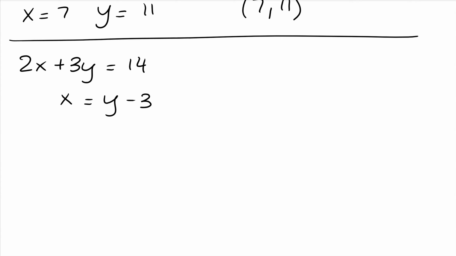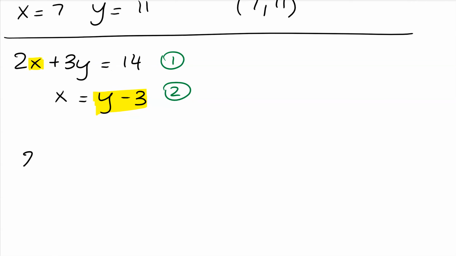Again, you can draw a graph, but I won't draw a graph in this one. I'll just try to solve it simultaneously. So this is equation 1, this is equation 2. I can see equation 2 has already been rearranged as x equals y minus 3. So I can actually replace y minus 3 and substitute in for x.